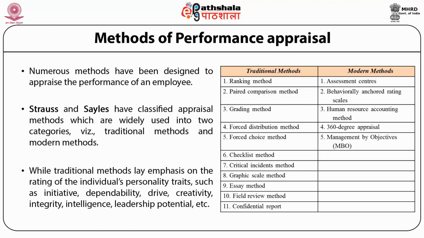While traditional methods lay emphasis on the rating of the individual's personality traits such as initiative, dependability, drive, creativity, integrity, intelligence, leadership, potential, etc., the modern methods, on the other hand, place more emphasis on the evaluation of work results, that is, job achievements, than the personal traits. Modern methods tend to be more objective and worthwhile.